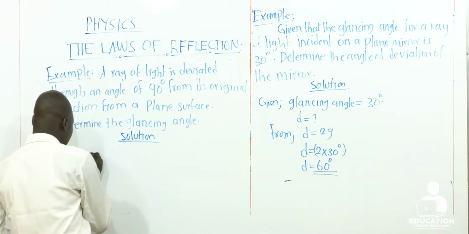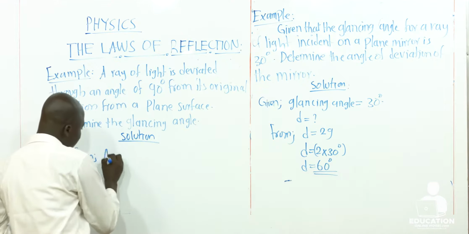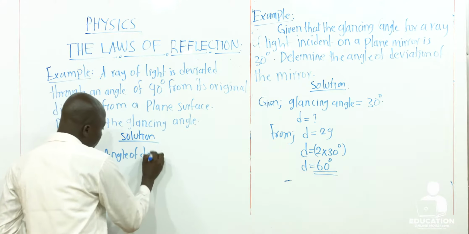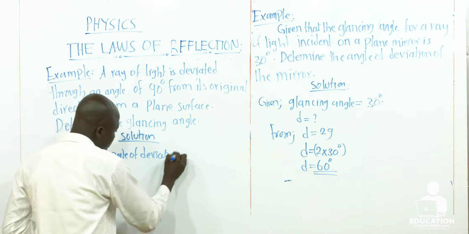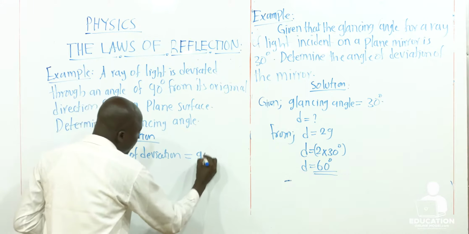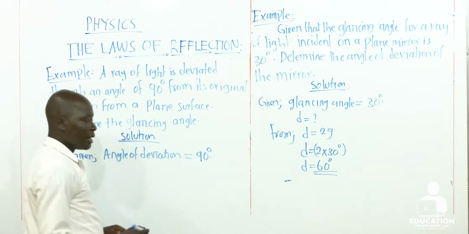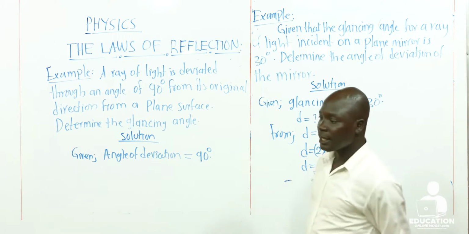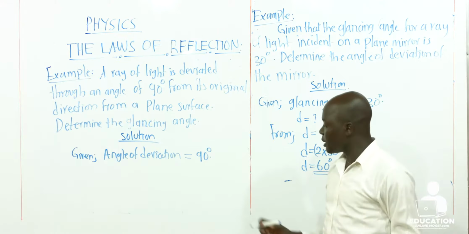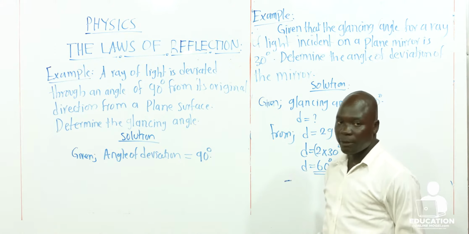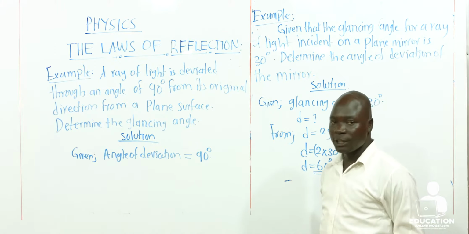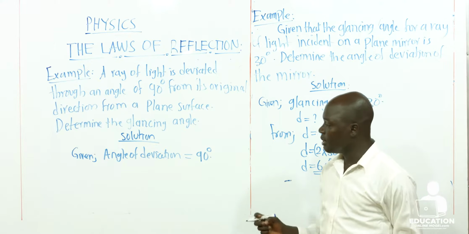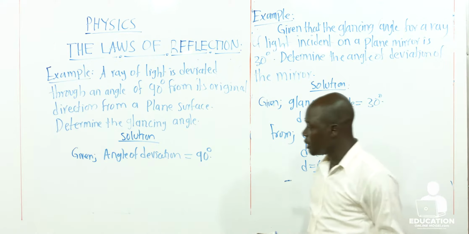Given: angle of deviation is equal to 90 degrees, and you are asked to determine the glancing angle. So dear learners, we are still going to use the same formula, which says the angle of deviation is twice the glancing angle, or you say D is equal to 2G.